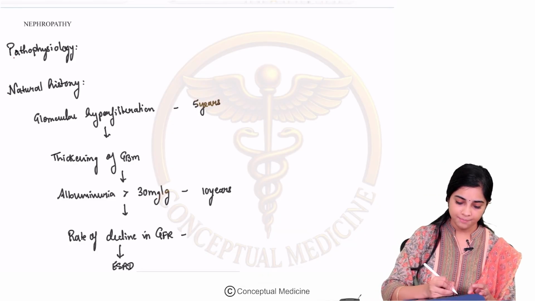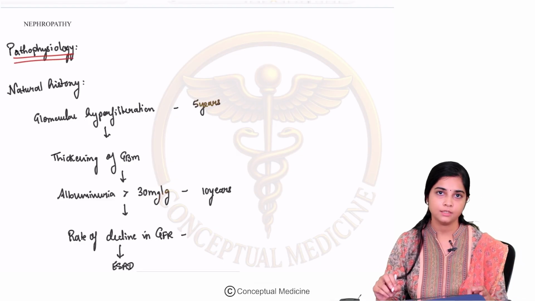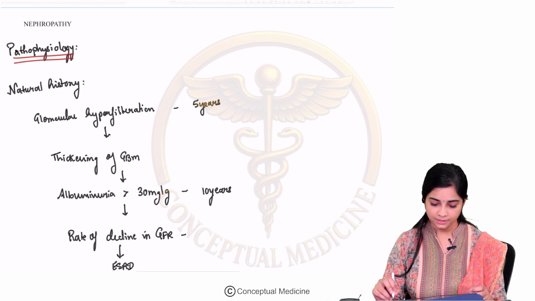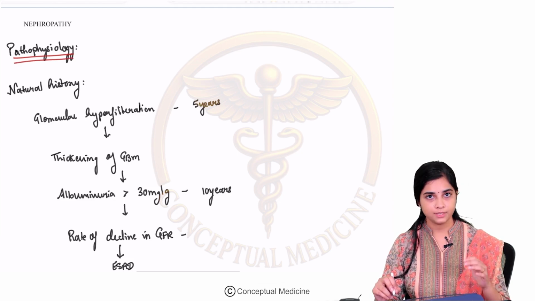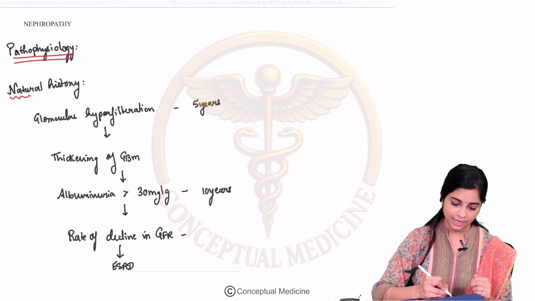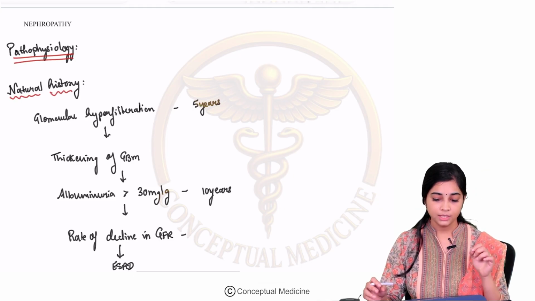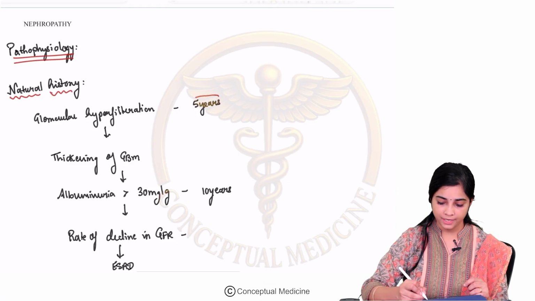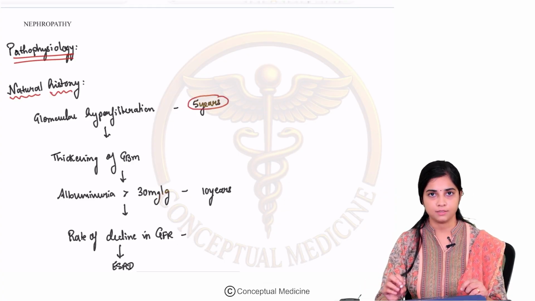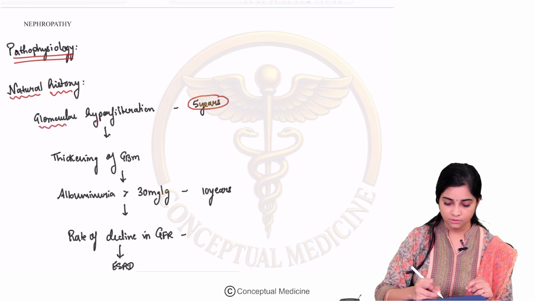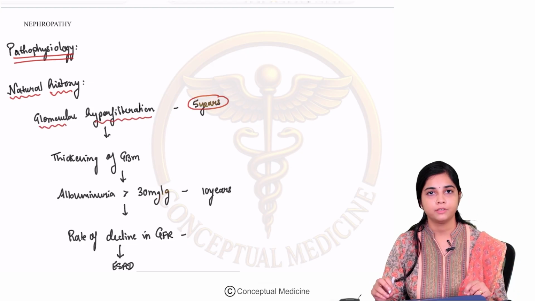So, what is the pathophysiology of diabetic nephropathy? To understand that, we have to understand the natural history of diabetic nephropathy. The initial stage, in the first 5 years of your diabetes, there is glomerular hyperfiltration.